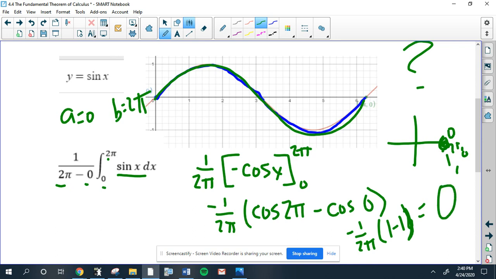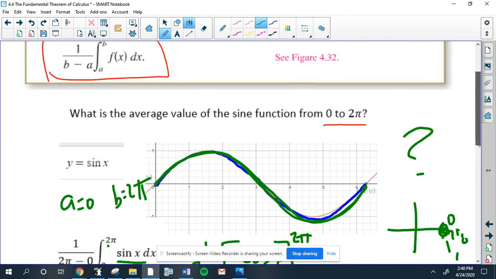And that's what you yelled out, right? You yelled out 0 because if you take the average of all these values, the positive and negative values are going to cancel each other out, and you're going to be left with 0. So hopefully that makes that average value make more sense.